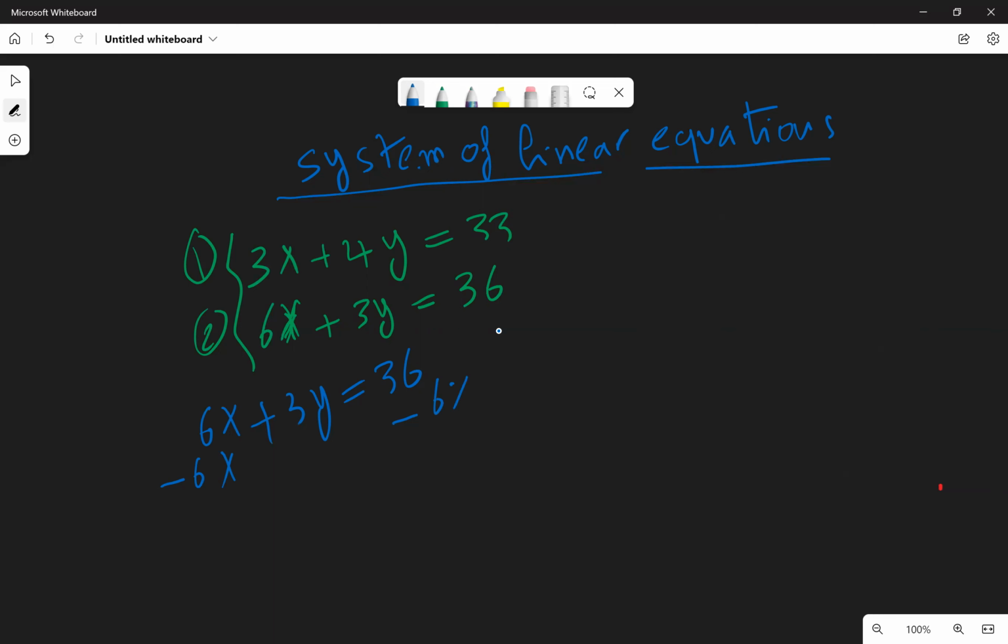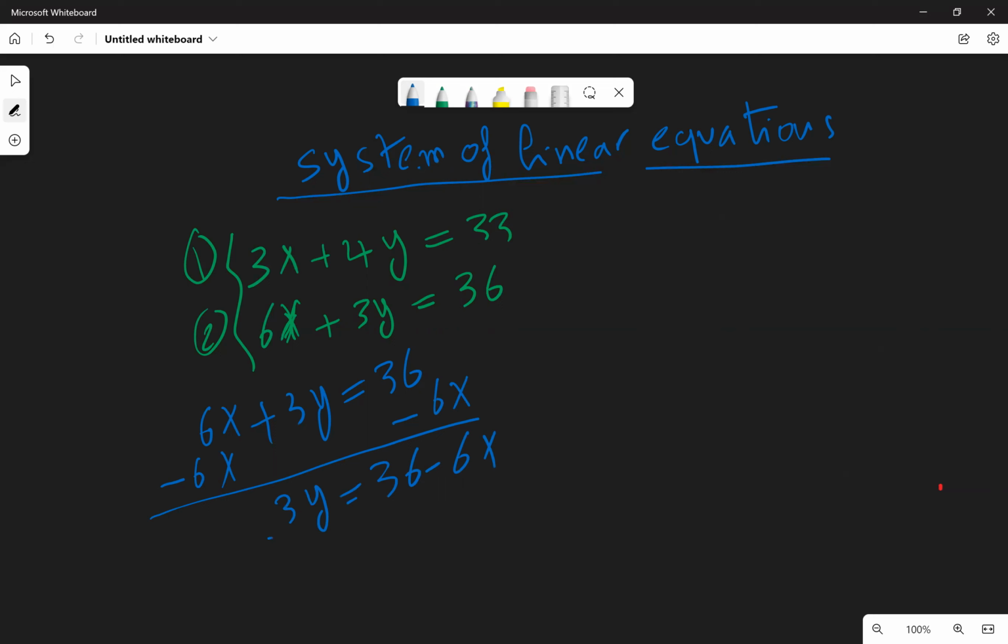So minus 6x, and then I'm gonna get 3y equals 36 minus 6x. And I'm gonna get y. I have to leave y on the left side by itself, and I have 3 multiplied by y.